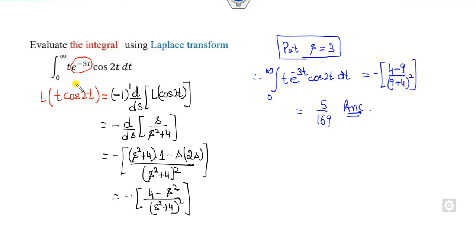You can see this because the left hand side of the Laplace is e raised to power minus st times t times this function, so if I compare this quantity here, s is 3.